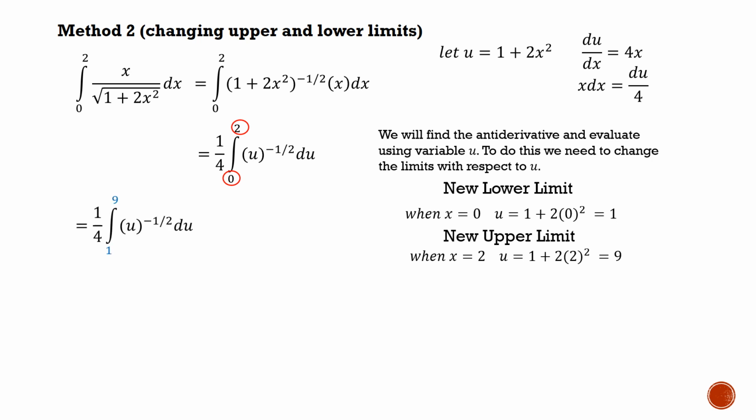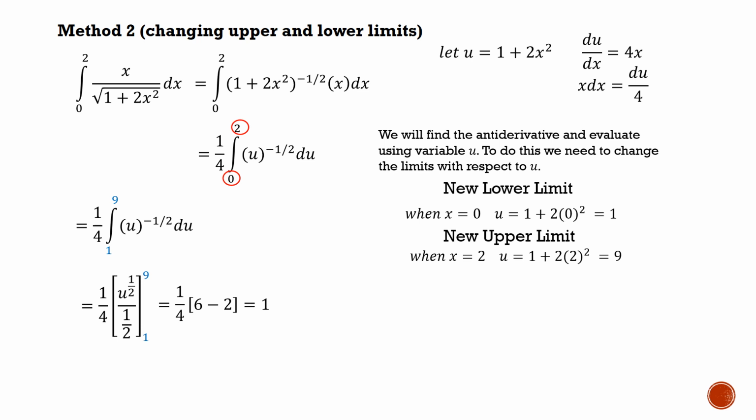So therefore, this becomes my new question. We're going to evaluate u to the negative 1/2 du, but instead of from 0 to 2, from 1 to 9. When I do so, like we did previously, we evaluate and we get the exact same answer, 1.